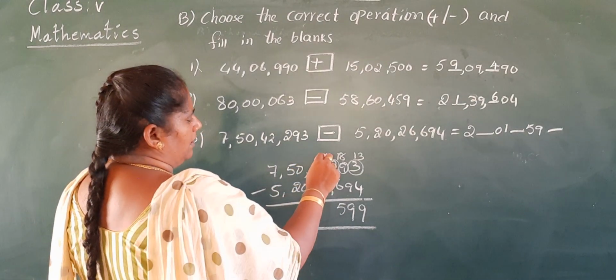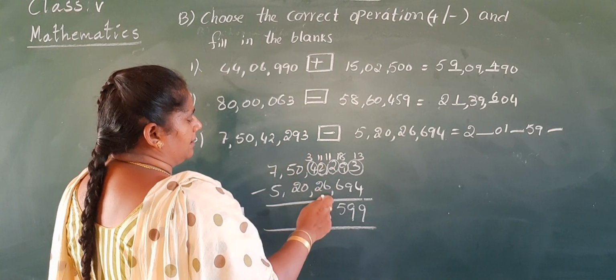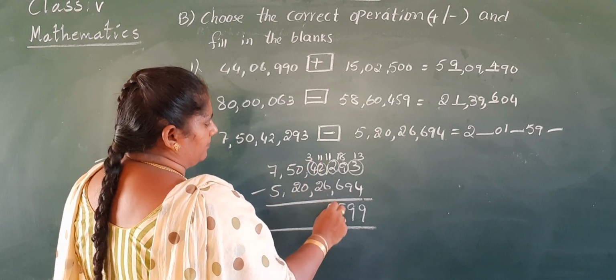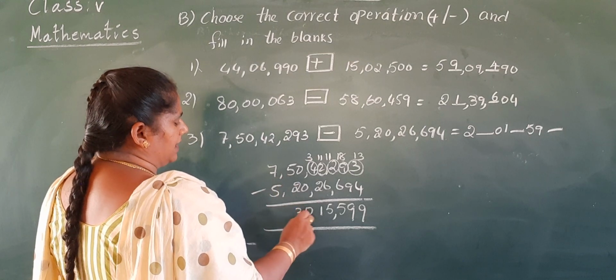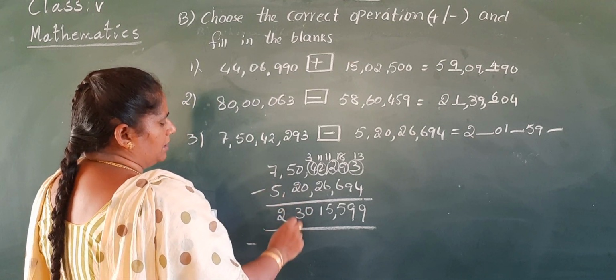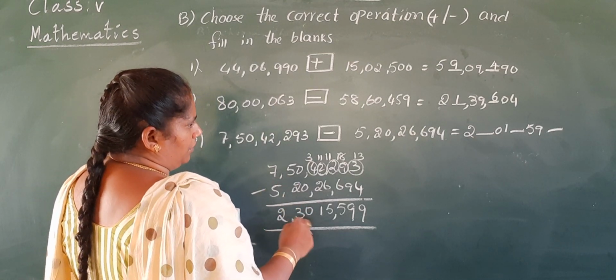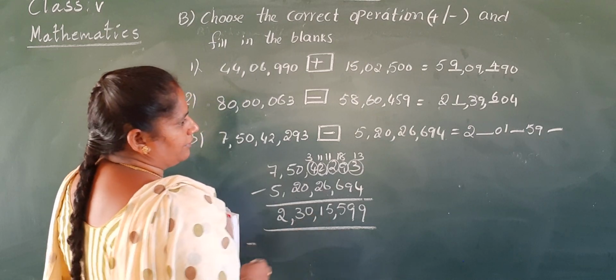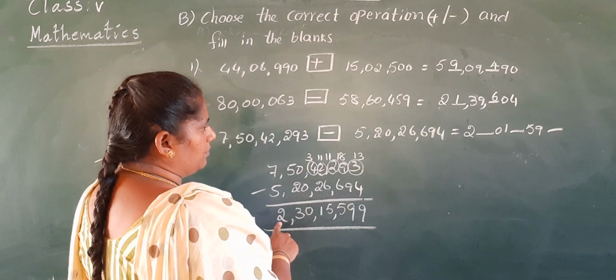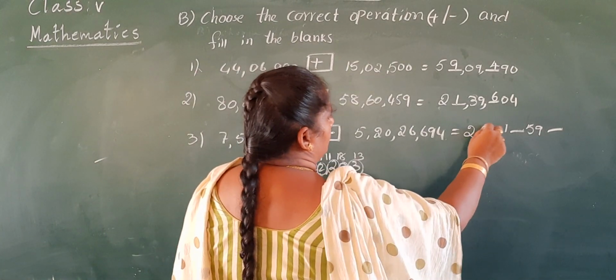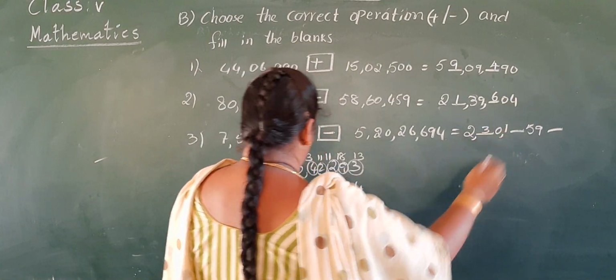So take borrow 11. 4 becomes 3. 6 to 11 is 5. 2 to 3 is 1. 0. 2 to 5, 3. 5 to 7, 2. So the answer is 2 crore 30 lakh 15,599. So here 2, okay. 3 in the 10 lakhs place.